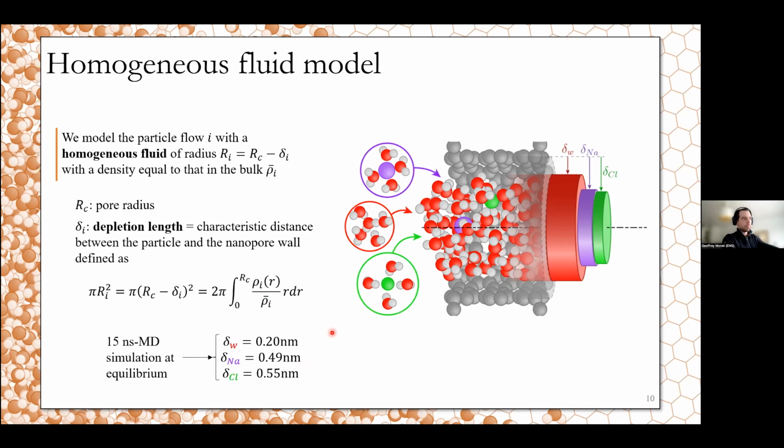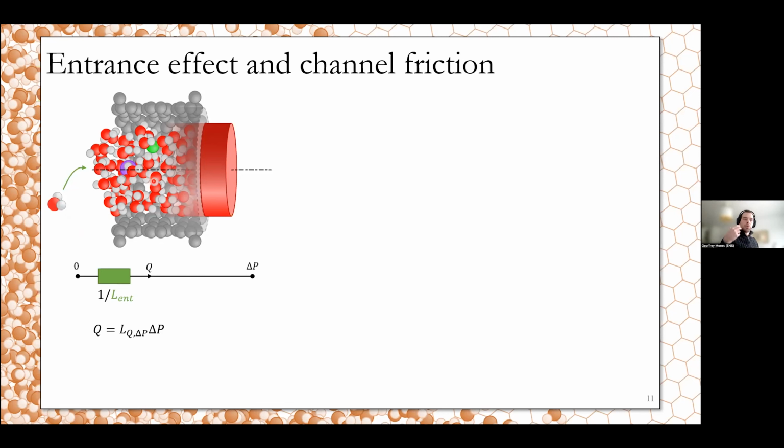With the help of this model, we can, for example, understand how water flow is generated under a pressure drop. Indeed, for a water molecule to pass through the nanopore, it must first be able to pass from the reservoir into the nanopore. This creates a certain resistance, which is called the entrance effect.